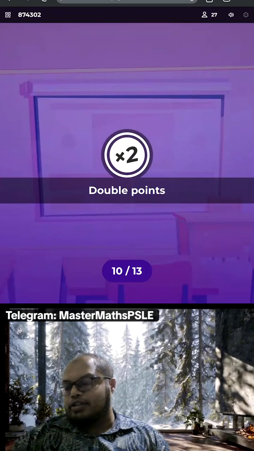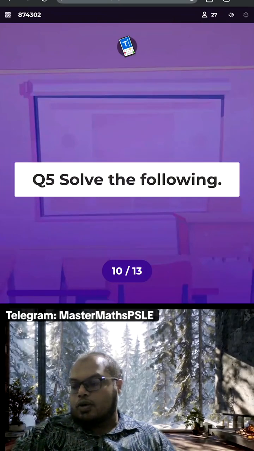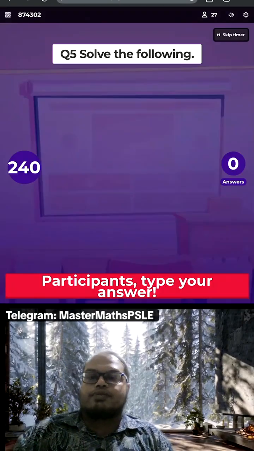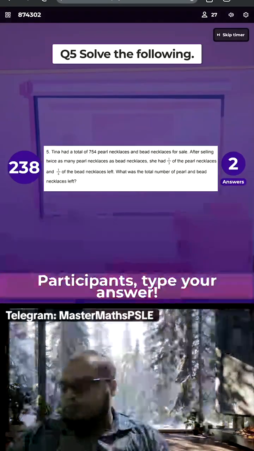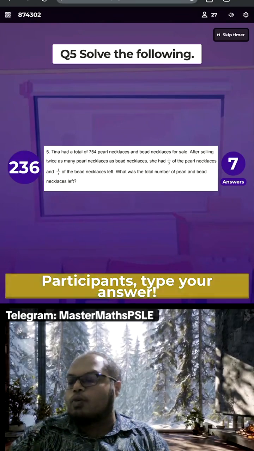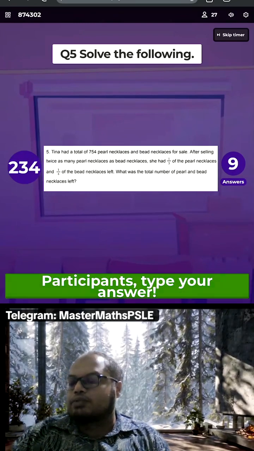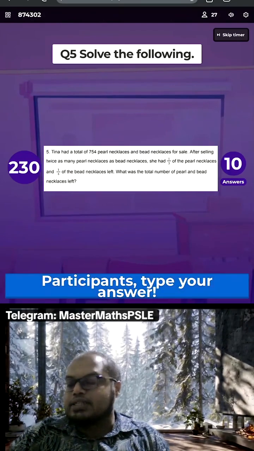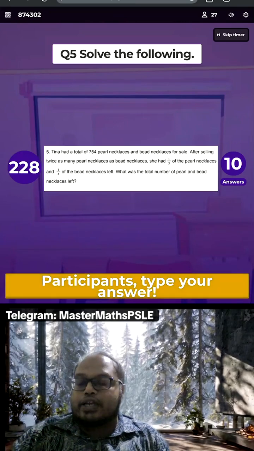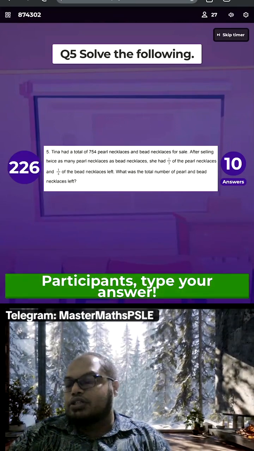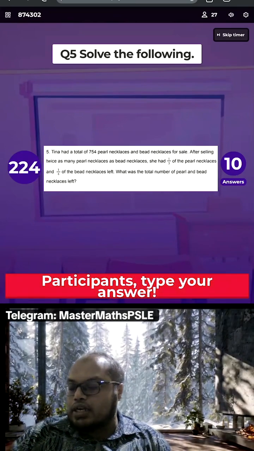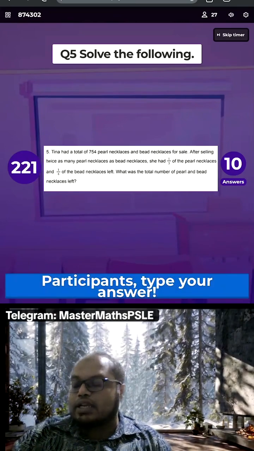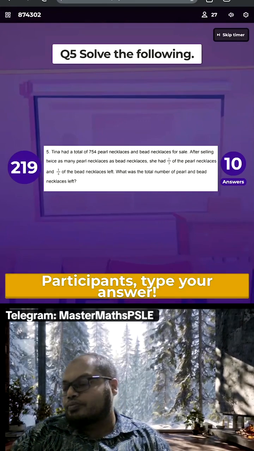Alright, next question. Question 5, I think the second last question for today. Tina had a total of 754 pearl and bead necklaces for sale. After selling twice as many pearl necklaces as bead necklaces, take note, this is one of the hints, she had 1/3 of the pearl necklaces and 1/4 of the bead necklaces left.